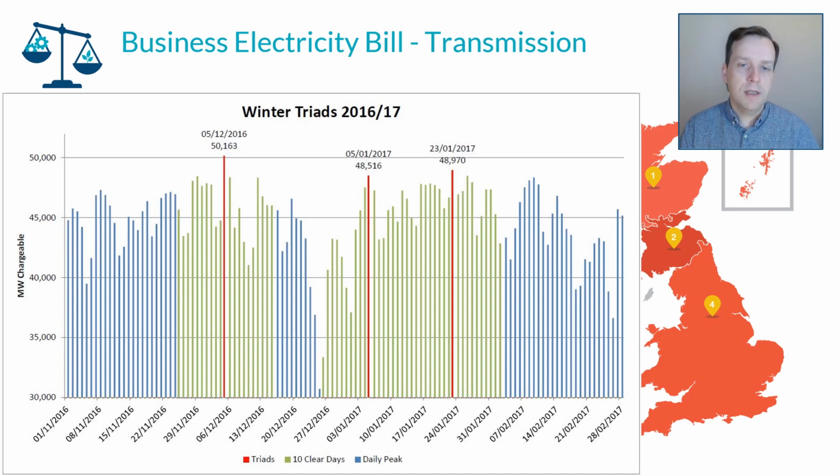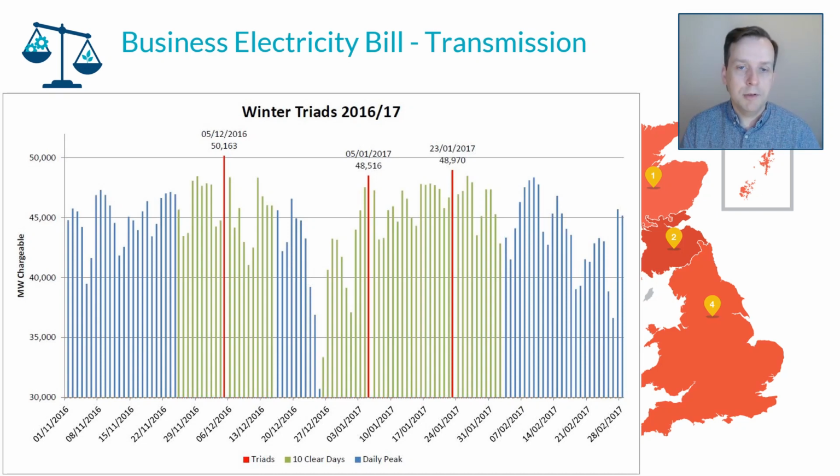So it looks at the 3 discrete days of maximum demand and takes an average of them applied to your electricity bill. So for example, the peak half hour could be between 5:30 and 6 p.m.